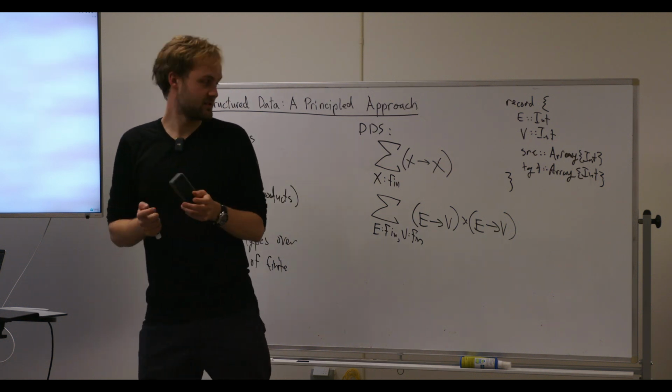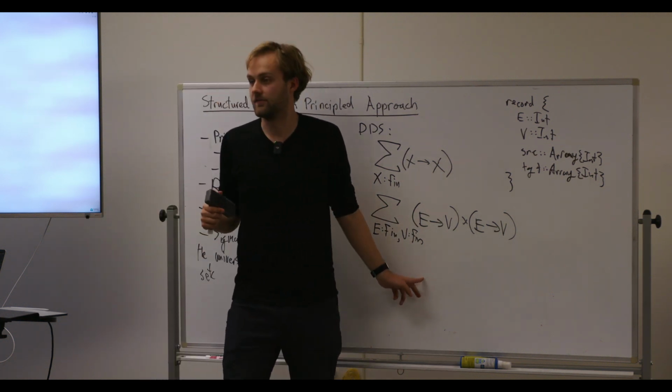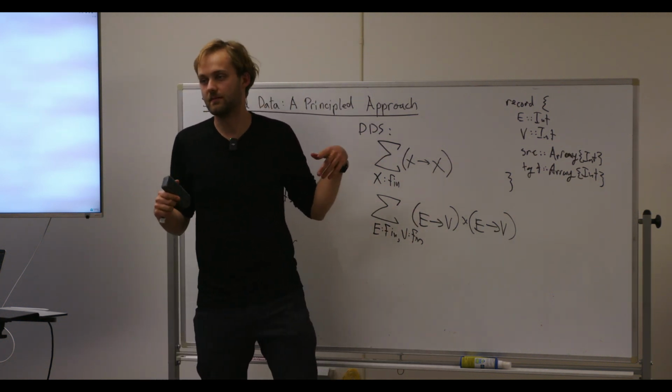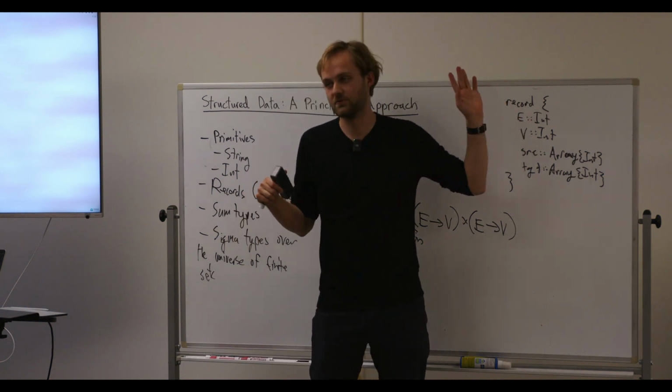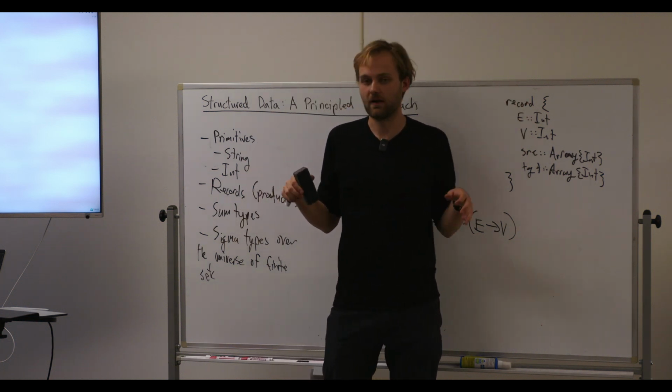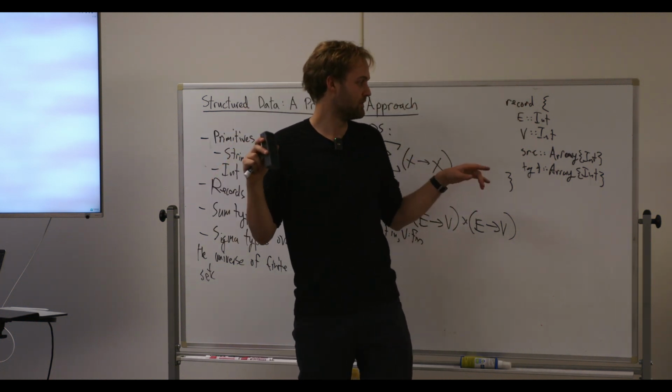And this expresses the same data as this. I have two finite sets. Here I've chosen to represent the finite sets as an integer rather than as a set of UUIDs. That's not important.